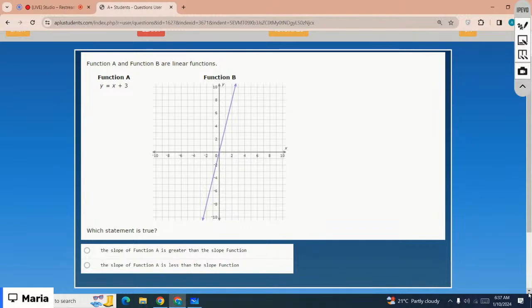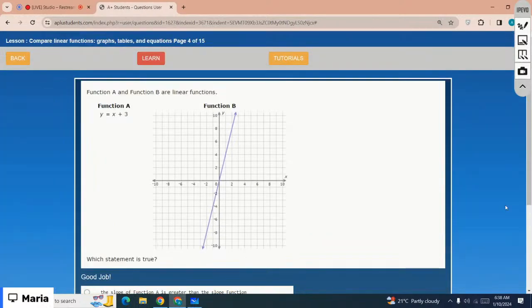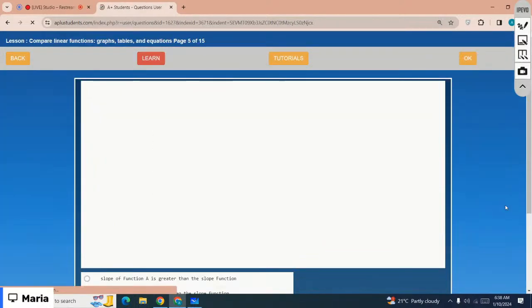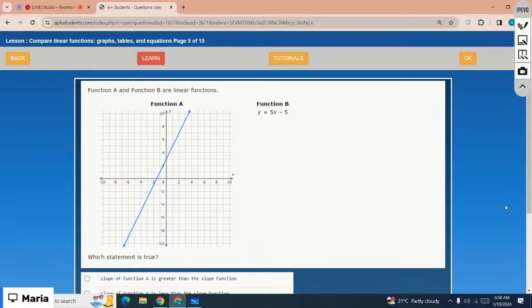Yes, for this one, the slope of function A is less than the slope of function B, right? Because the slope of function A is 1, and for B it is 4. So slope of function A is less than slope of function B.